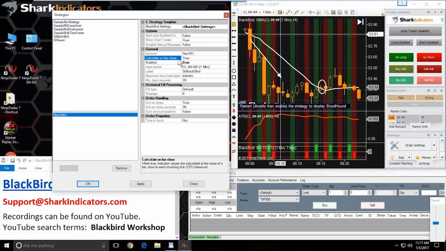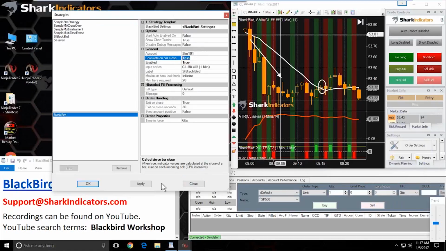If you're using indicators in BlackBird, any kind of condition or setting that involves an indicator, that indicator gets evaluated based on this calculate on bar close. With calculate on bar close set to true, you have to wait for the bar to close before that indicator gets evaluated.